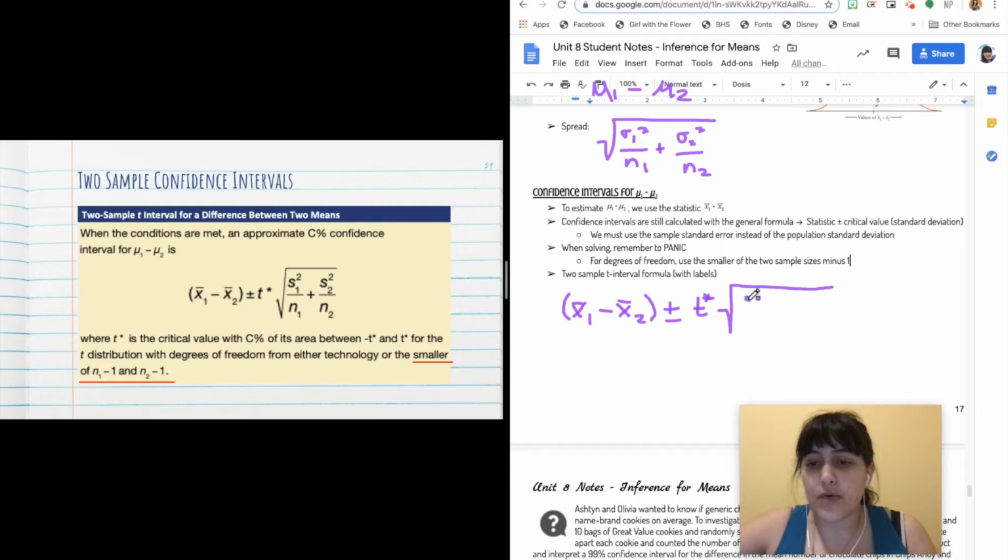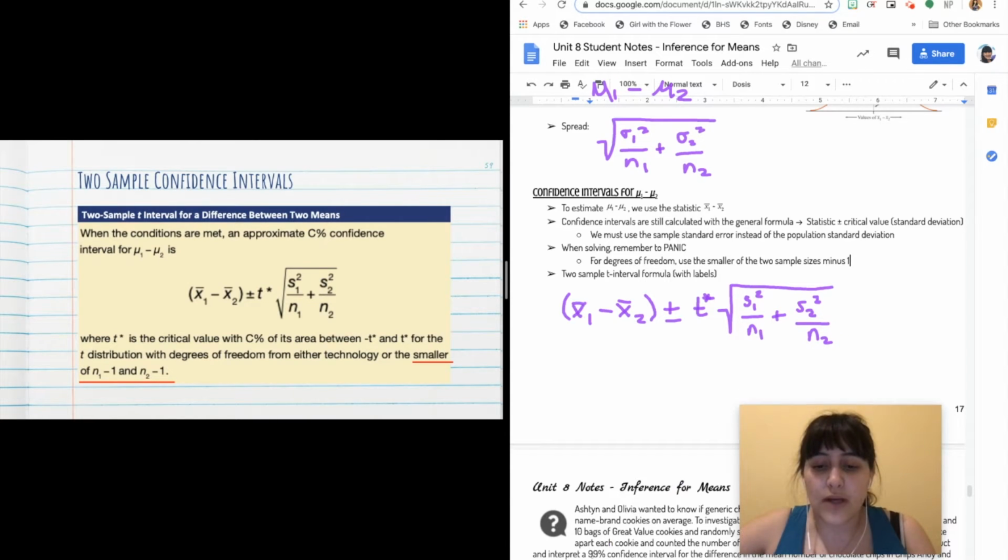Remember, we're dealing with samples here, so we're going to use s instead of the symbol you see at the top in the spread equation. So this is standard deviation 1 squared over n1 plus standard deviation 2 squared divided by n2.